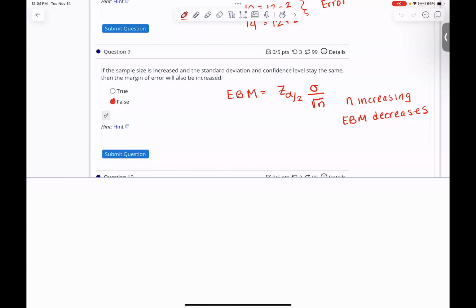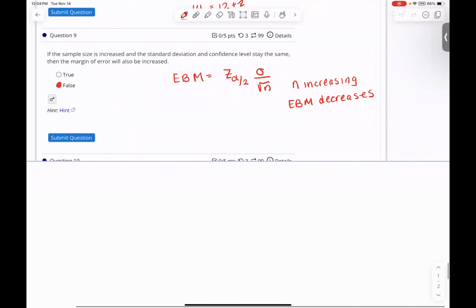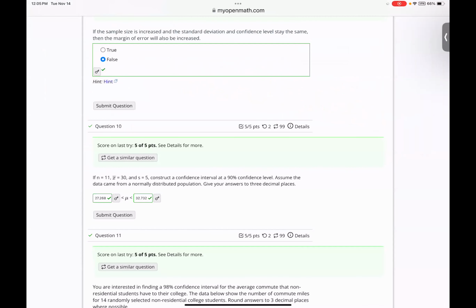So I'm going to open my Open Math and read the question, and then we'll come back over here to the PDF and put that information in the PDF. So I'm going to go open my Open Math test. All right, you're going to be able to see the answers before I actually do the problem, but that's okay.